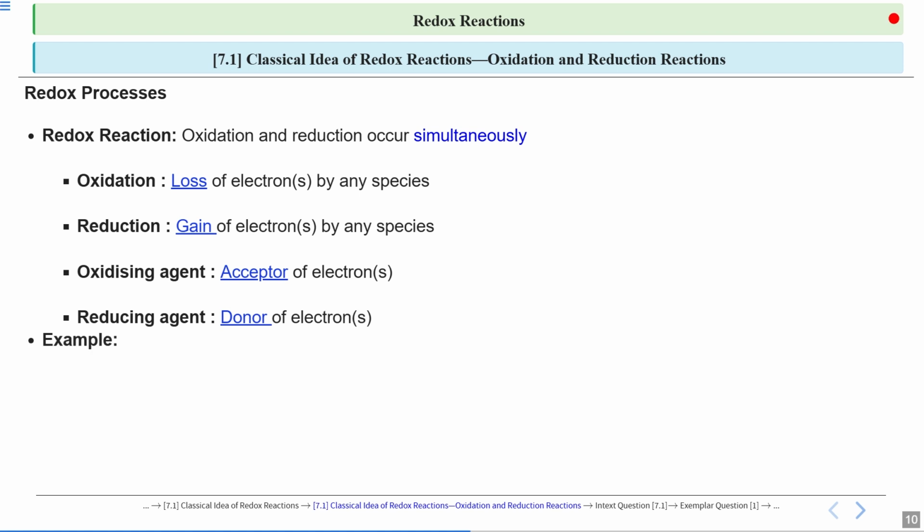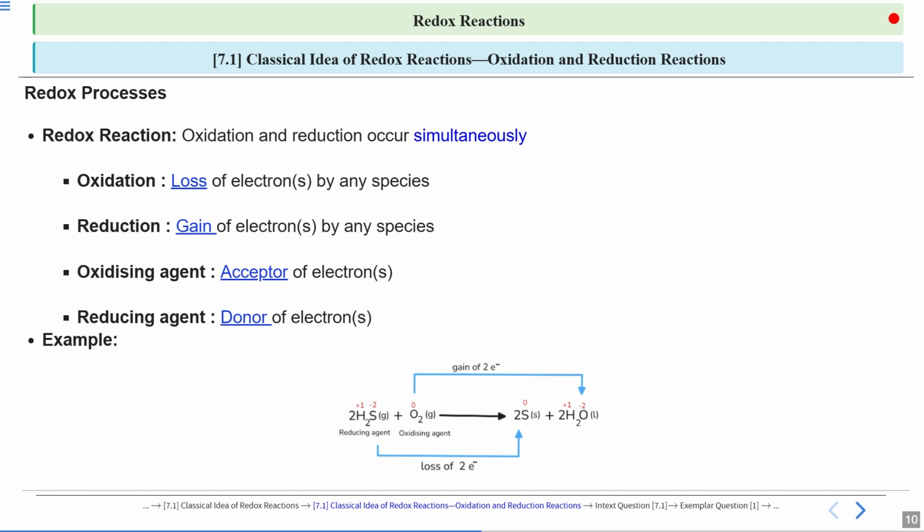So let's understand this with the help of an example. In this example, you can find that hydrogen sulfide is reacted with oxygen, giving sulfur plus H2O. As we are talking about the loss and gain of electrons, how can we find it?